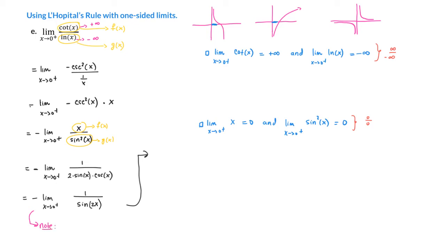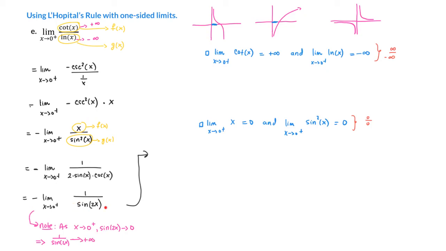I'm going to note here that as x approaches 0 from the right, sine of 2x approaches 0 as well. So this is really telling us that 1 over the sine of 2x is going to get very, very large. So it's going to approach pretty much infinity. So this will be approaching here positive infinity.